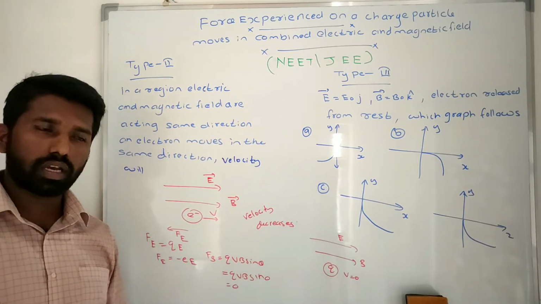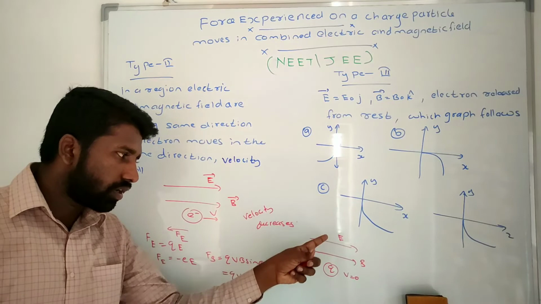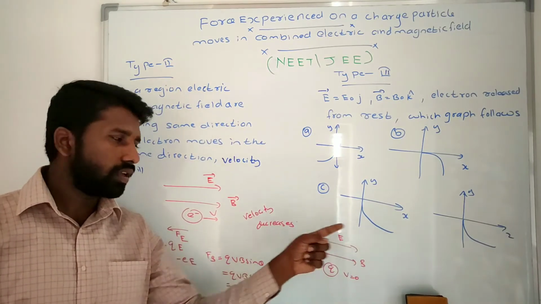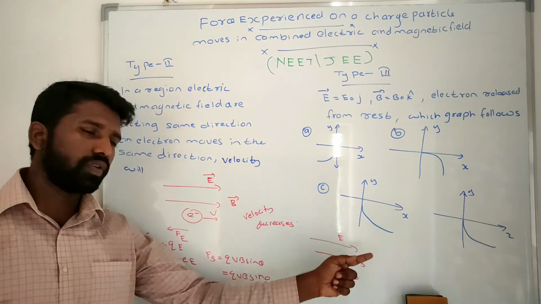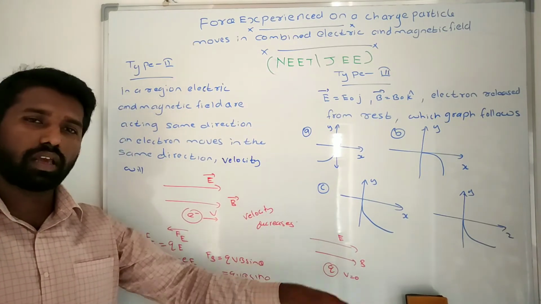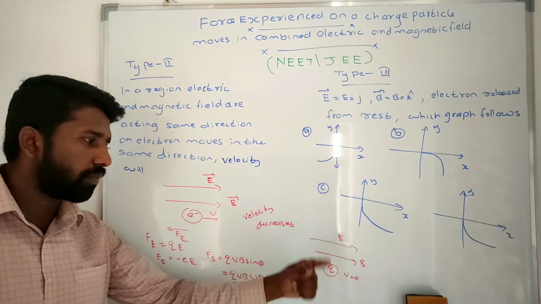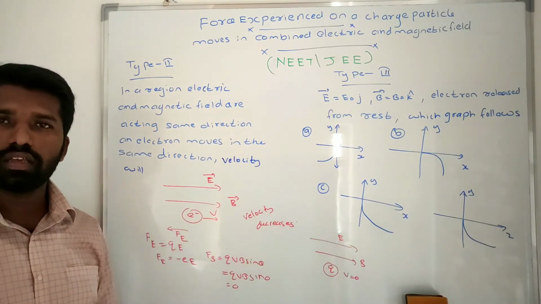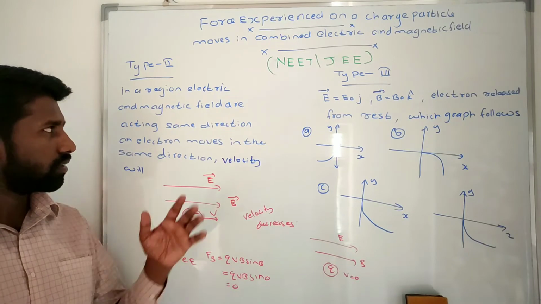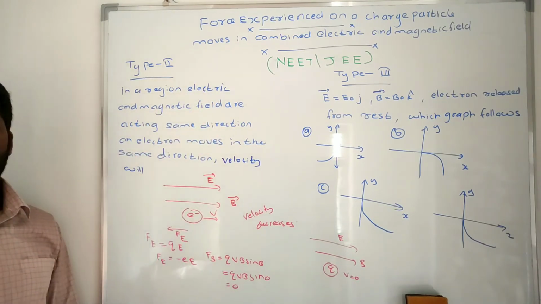Only the electric force is acting, along the electric field, so the particle starts moving in that direction. Even then, the magnetic force will be 0. So the charged particle moves in a straight path. That is about this type.